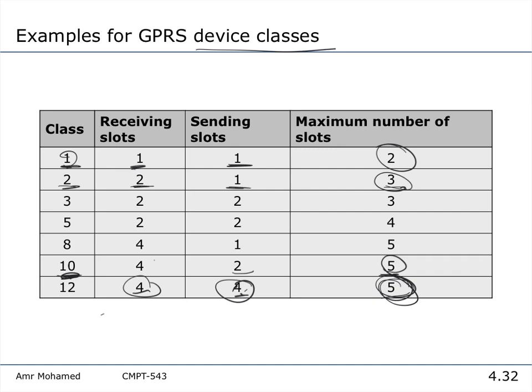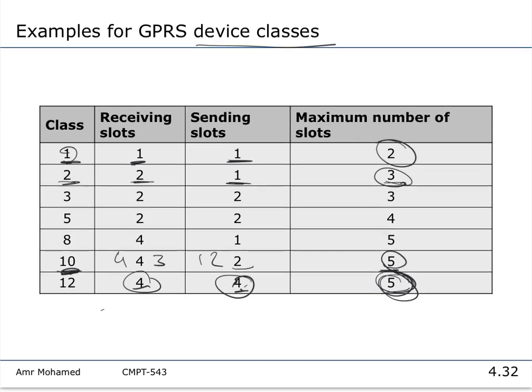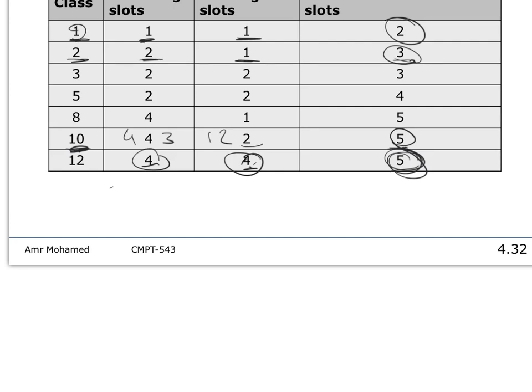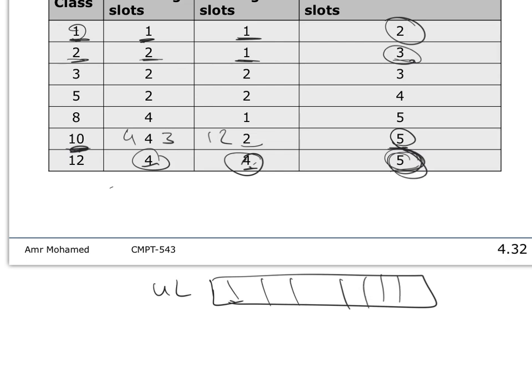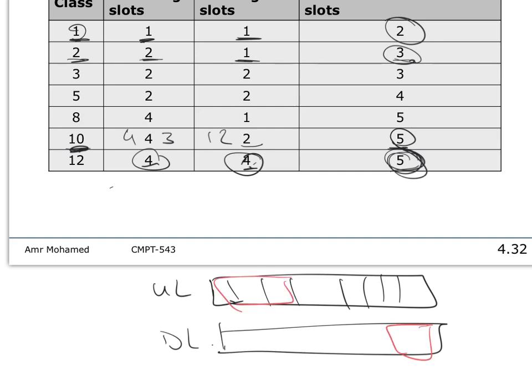So I can have 3 and 2, or 4 and 1. These are concurrent. But this is uplink and downlink, and as we explained before, we have the uplink super frame and we have the downlink super frame. So I can get assigned 3 and 2, or 4 and 1.